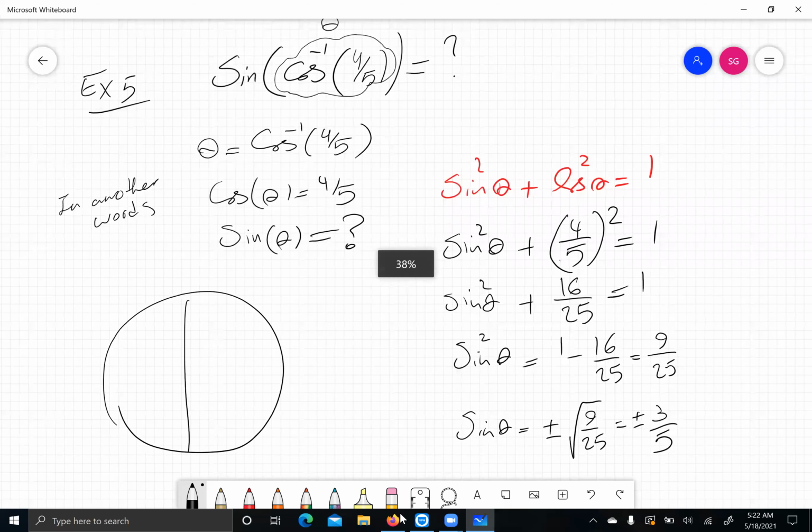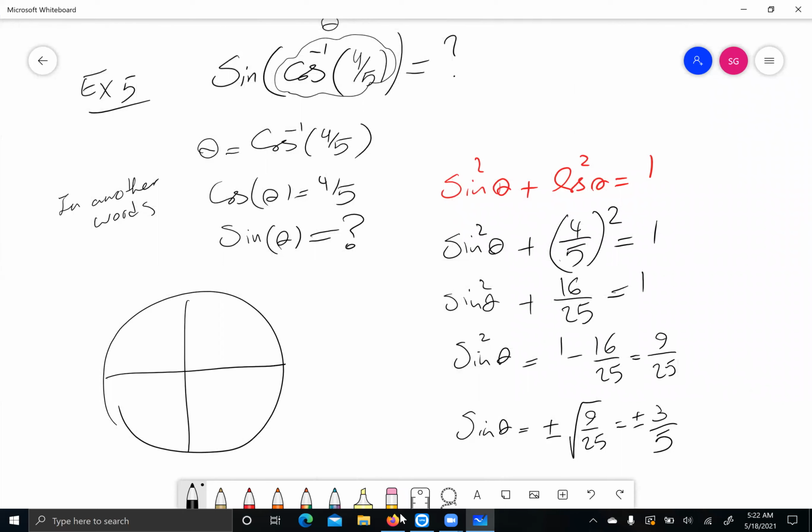Okay, let's see. The cosine inverse is defined from 0 to pi. So that angle is somewhere between 0 and pi, right? So I know that theta is between 0 and pi.